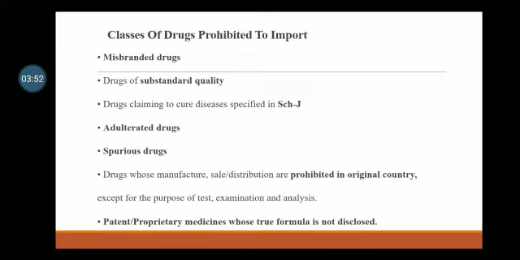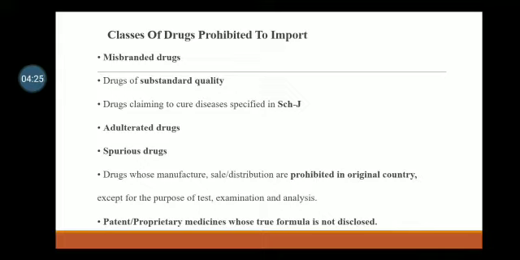Drugs whose manufacture, sale or distribution are prohibited in the original country, except for the purpose of test, examination and analysis. Sometimes some drugs are prohibited for selling in their own country. For example, if one drug, for example paracetamol, is not given permission in a particular country, for example in America, but still that country is exporting that drug to India.